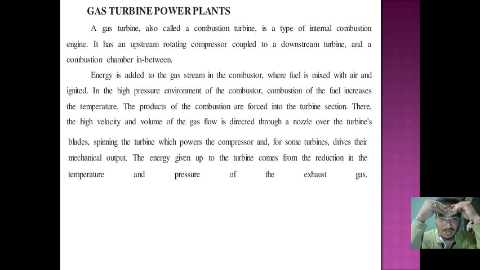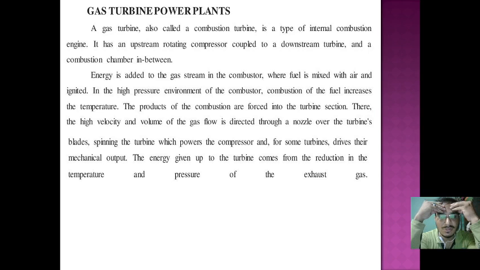High pressure combustion of the fuel increases the temperature also. The products of the combustion are forced into the turbine section, and then go to expansion and exhaust from the turbine section. There the high velocity and high volume of gas flows directly through the nozzle.